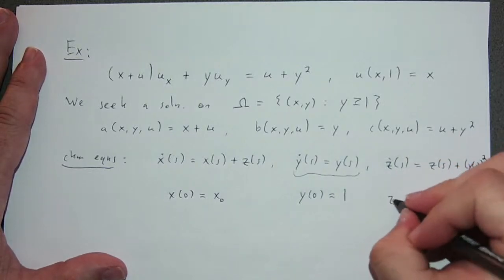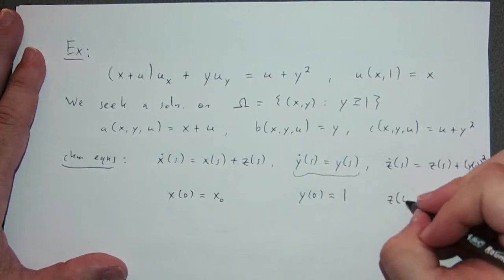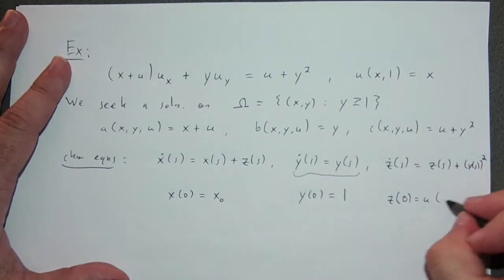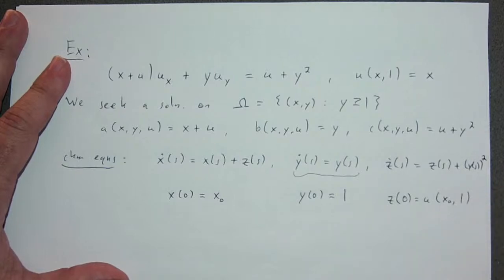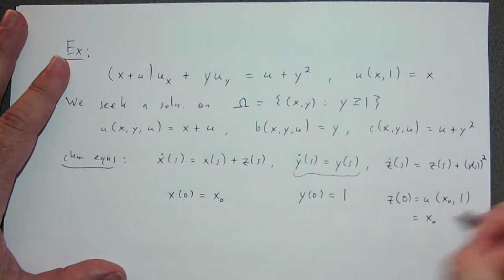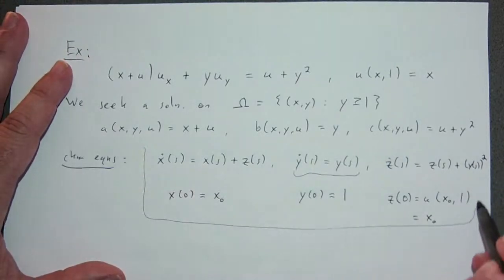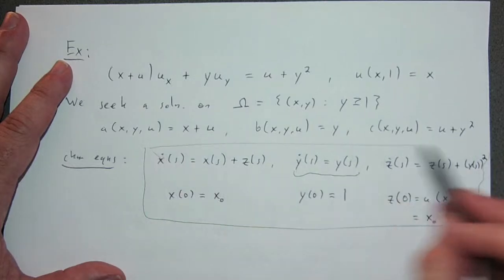And then z of 0 is going to be u of x naught 1, but by the auxiliary condition, this is x naught. So these are my ODEs, and there's the initial conditions for them.